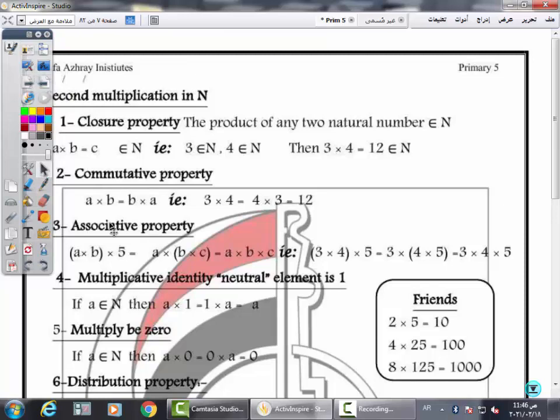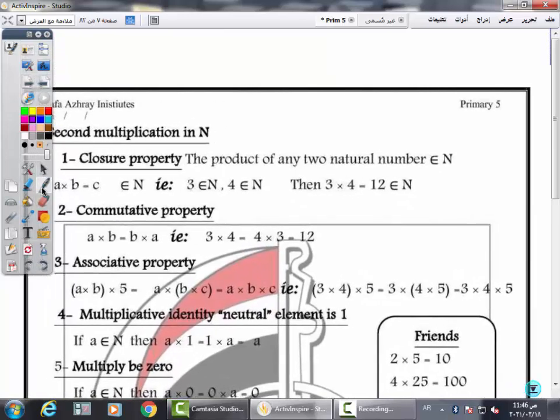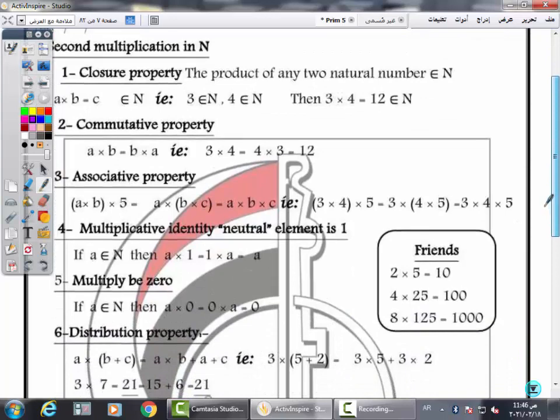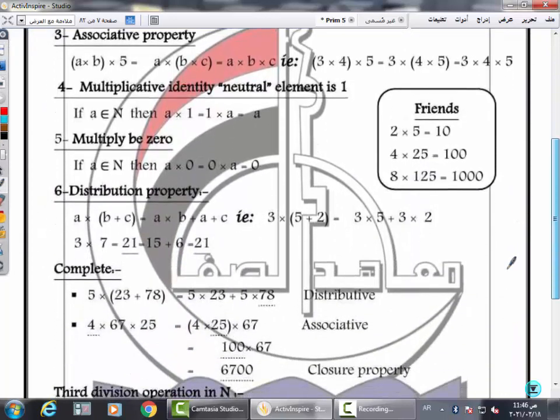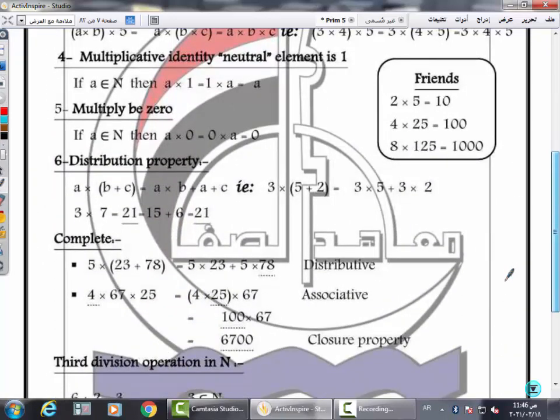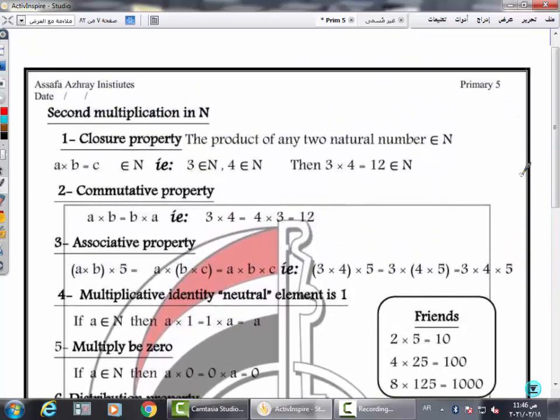Second, multiplication. Look at multiplication. We have 5 or 6 properties in multiplication. The first property is called closure property, like in addition.